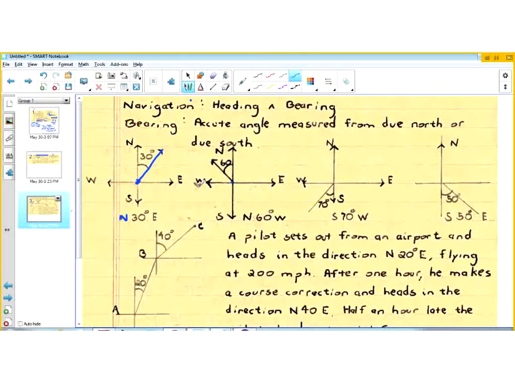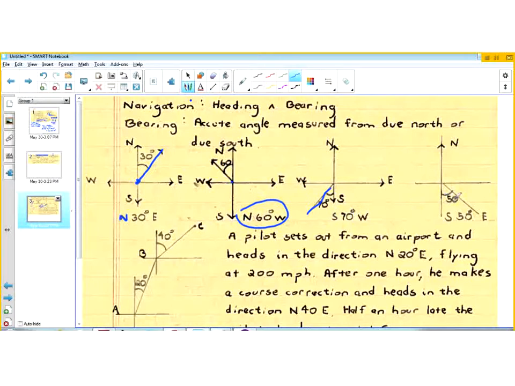Now, if your vector is in the second quadrant, and say you're on a trajectory, the acute angle is 60 degrees, your bearing is north 60 degrees in a westerly direction. So you write it as north 60 degrees west. Now, in this example, if you're heading south in a westerly direction, your bearing is south 70 degrees west.